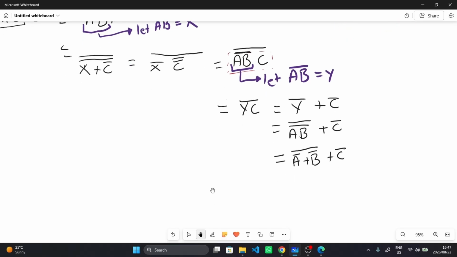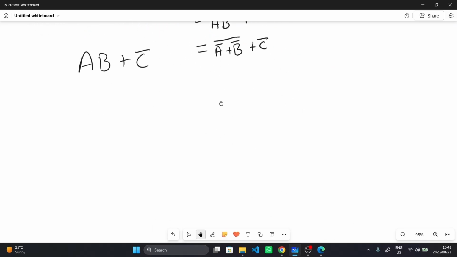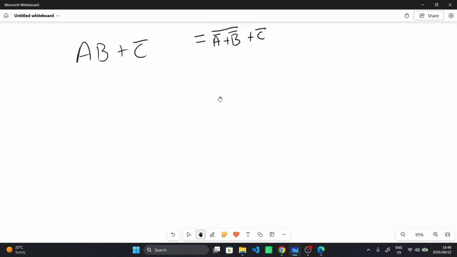So we can say now AB plus C complement is same as this, and then our diagram will be something like this. So first we'll have all of this added together.